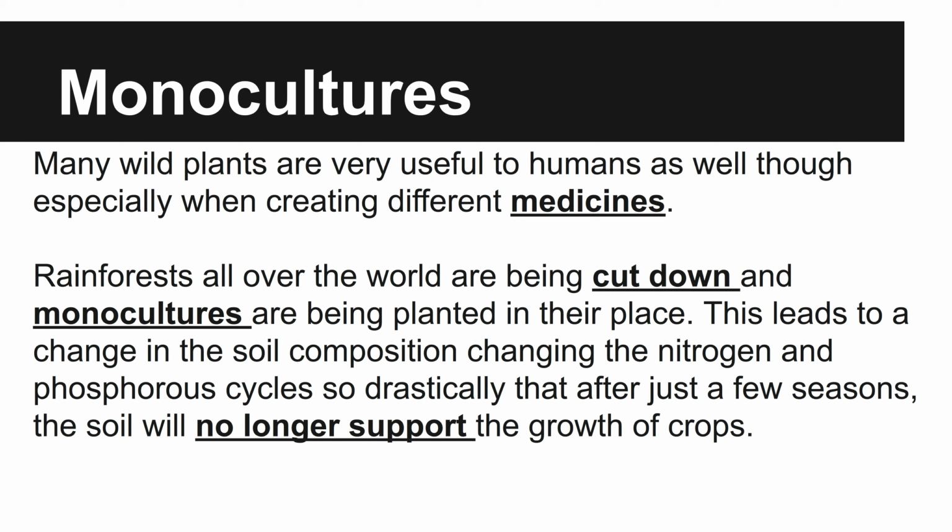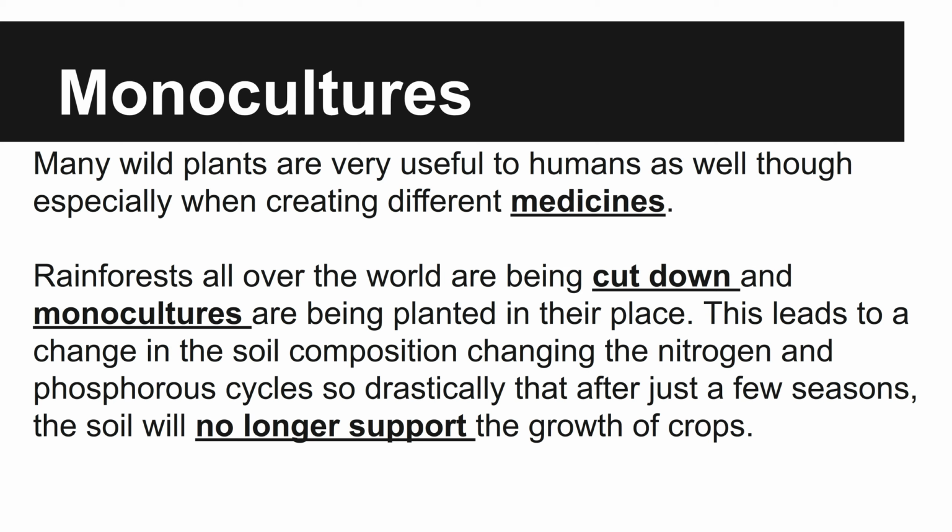Many of the wild plants are also useful to humans through creating different types of medicines, but we aren't planting them, and we're actually getting rid of a lot of those wild plants. We call them weeds, but they were here for a reason. They were here first. Rainforests all over the world are being cut down so we can cultivate the land and produce monocultures.